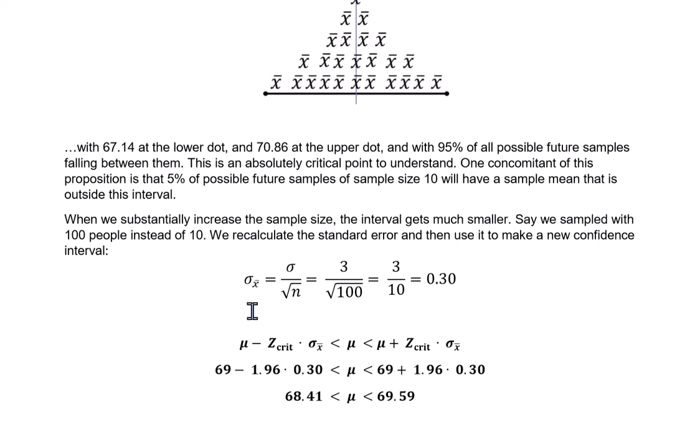And in this formula, where I have the standard error, sigma sub x bar is the symbol for the standard error. This tells us how the sample size functions to change the width of the confidence interval. As the sample size, in this case I have a sample size of 100, as the sample size increases, you're dividing a larger and larger number into the population standard deviation, which will in turn make the standard error much smaller.